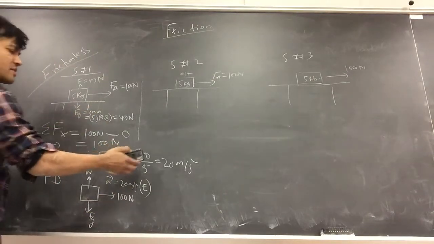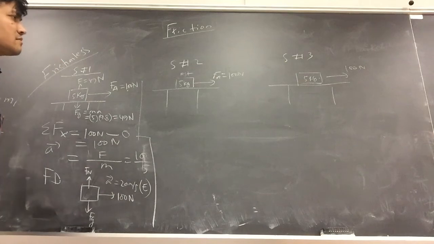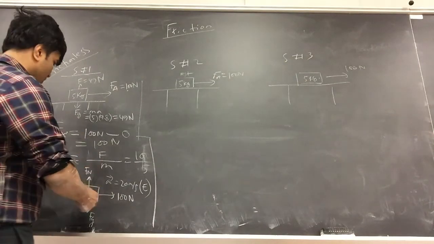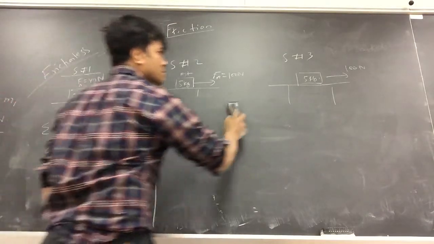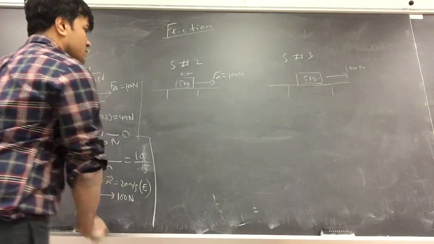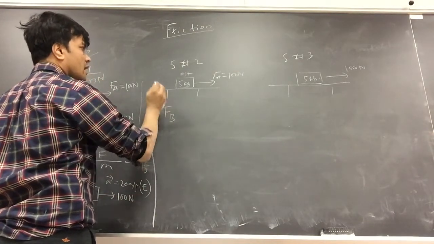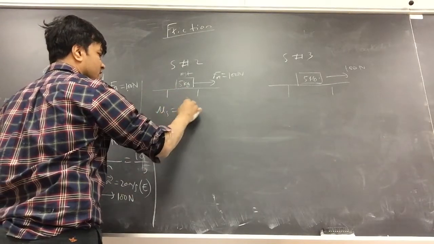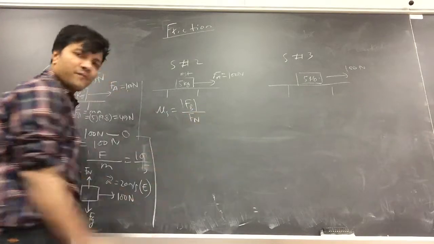Now we're going to do scenario number 2, which is interesting. In scenario number 2, we have to find the same thing: the net force. So this is the static friction. Static friction is the ratio of overcoming force over normal force.